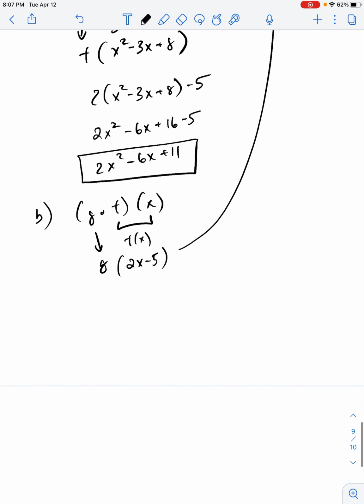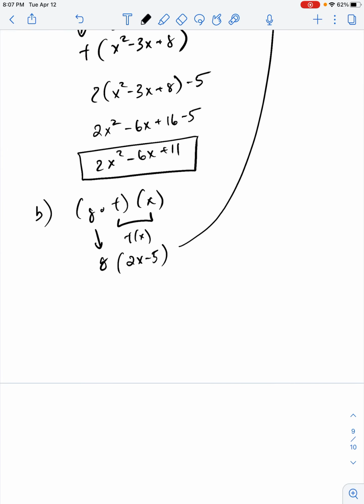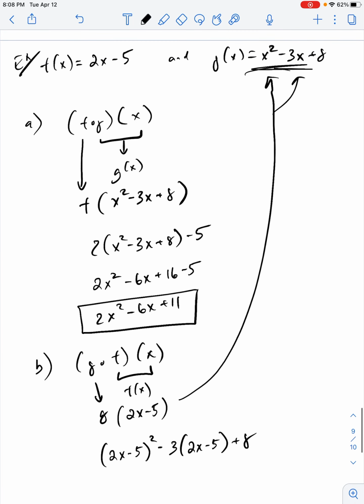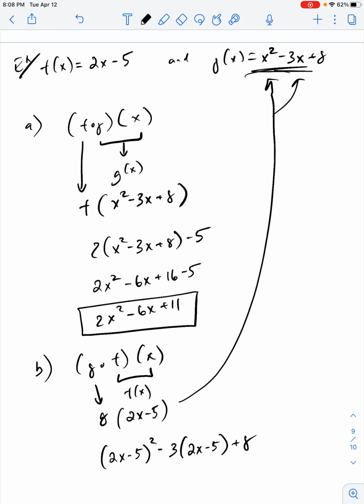So just a little bit more work, but definitely something that a college algebra student should be able to do. 2x minus 5 to the power of 2 minus 3, open parentheses, 2x minus 5, close parentheses, plus 8. Once again, we just replace those x's with 2x minus 5.